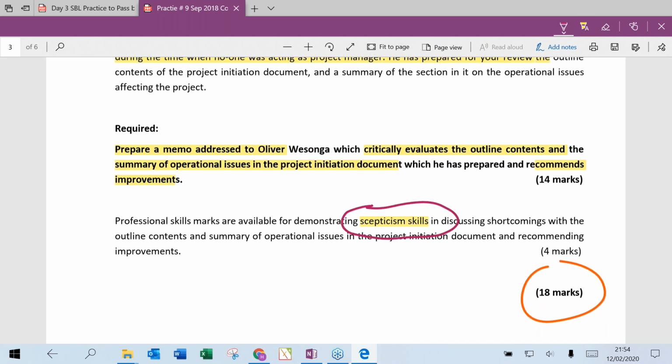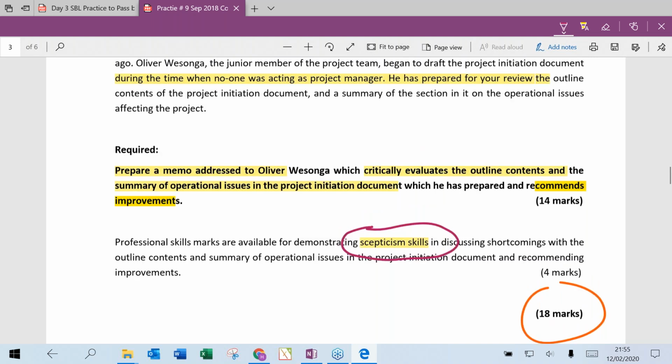How many of you know what is skepticism skill and how to score good marks? Chris saying probe. Probe means questioning. Probe. Challenge. Questioning mind. All of you are right. I just explained how to score skepticism.